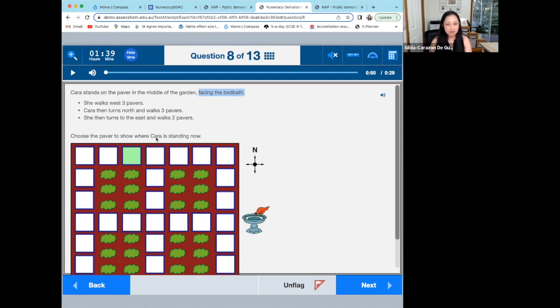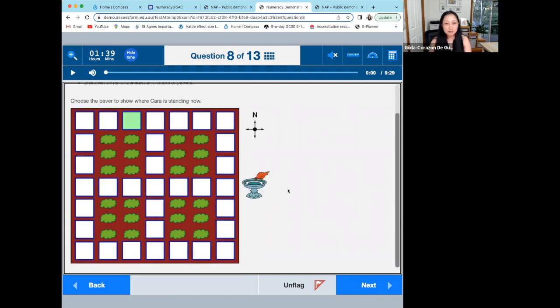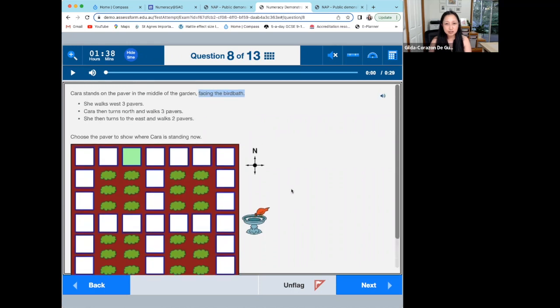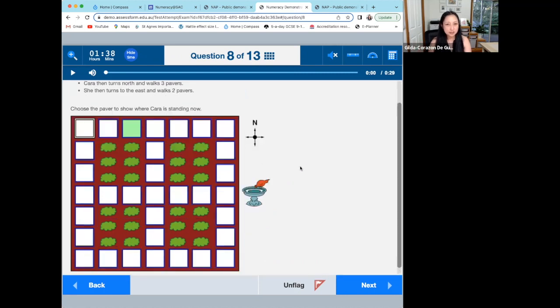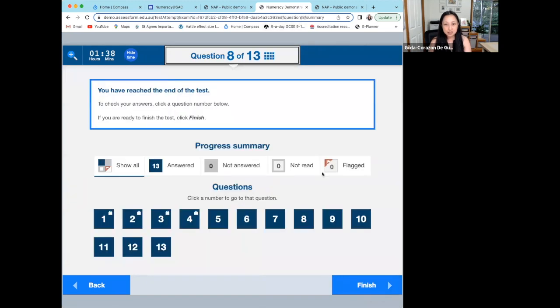She doesn't have any pavers to walk to. That just means that you don't have to do it the first time. So just think, rethink, right? What could be another way of thinking about this problem? And just be patient with yourself when doing your NAPLAN questions, okay? So maybe we should unflag this now, and then we go back to this and we say finish.